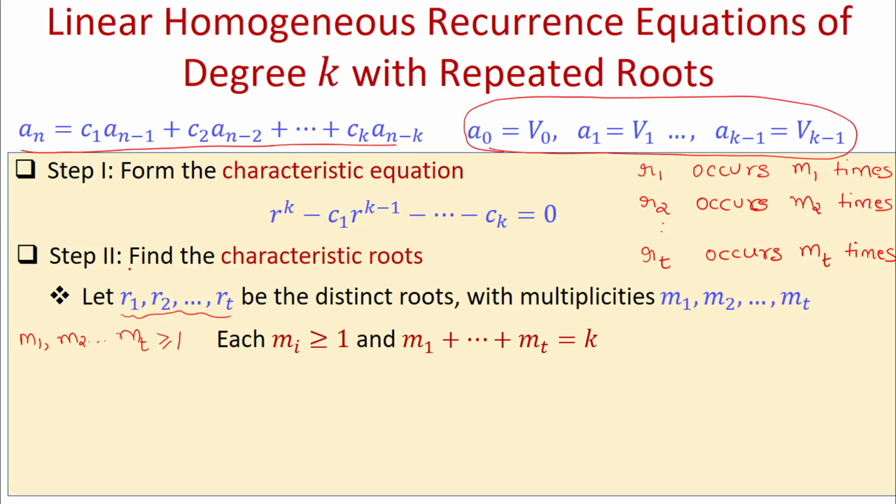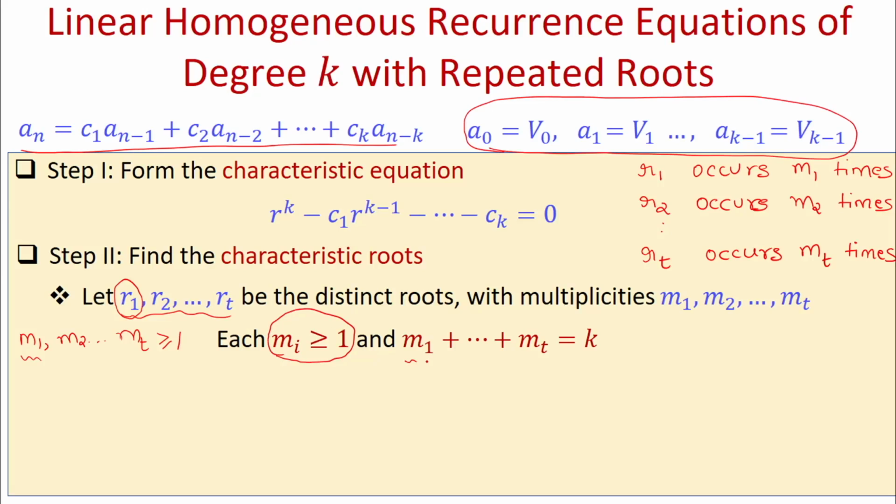That means in that case M1 will be k and so on. So depending upon the number of times R1 is occurring as a root determines the value of M1. Since R1 is occurring as a root definitely at least once, M1 will be at least 1. Similarly, M2 will be at least 1, and similarly MT also will be at least 1. So that justifies why each Mi is greater than or equal to 1.